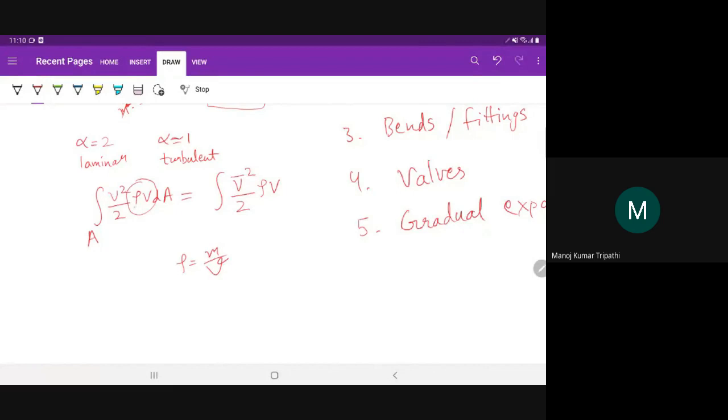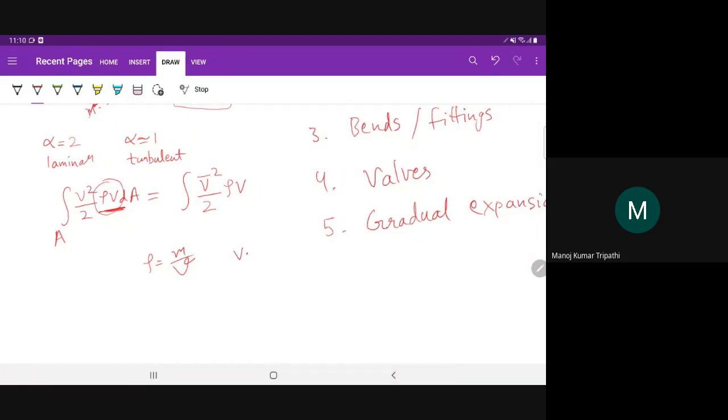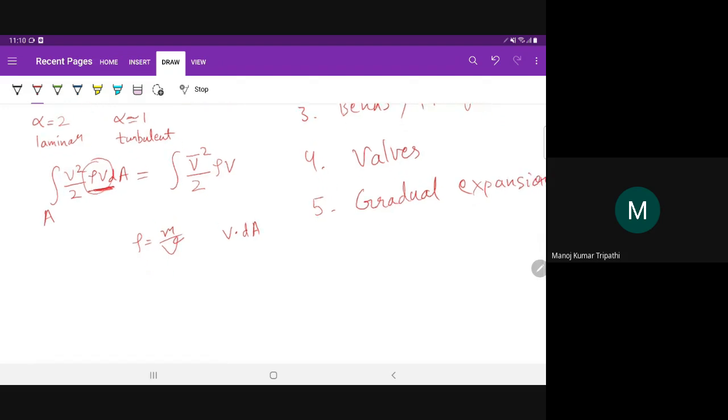This V that we are writing here is velocity, that is not volume. How do you get the volume per unit time? You can multiply velocity with the area of cross section. That gives you the volume per unit time that is traversed by the fluid particles, right?